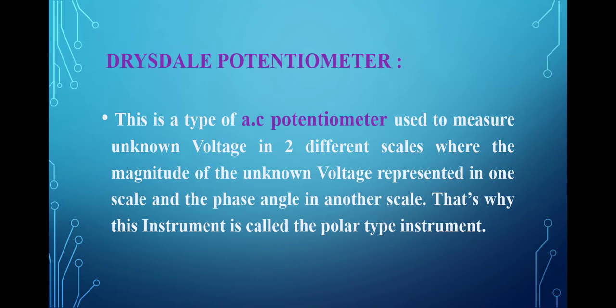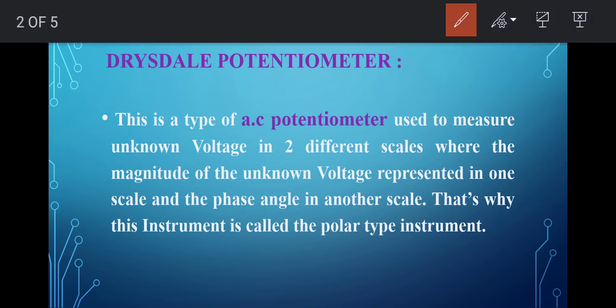This Drysdale Polar Potentiometer is an AC potentiometer which measures the unknown voltage in terms of two different scale arrangements. That is, it measures the unknown voltage in terms of magnitude as well as phase angle.